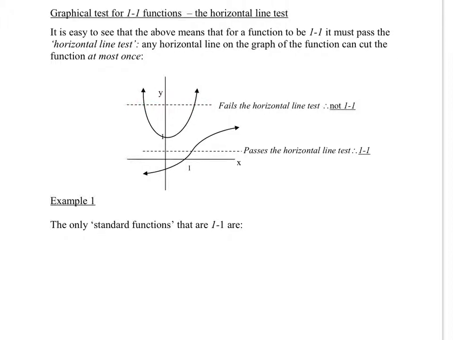If it's possible to do a horizontal line that crosses in more than one point, then it fails the horizontal line test, it's not a one-to-one function. If you compare this graph with this graph, you'll see that in this graph it's only possible to put a horizontal line that goes through one point on the graph. So this is an example of a one-to-one function.